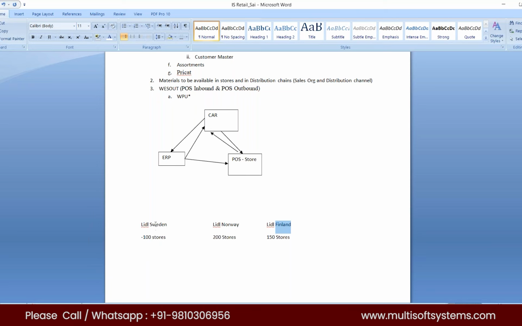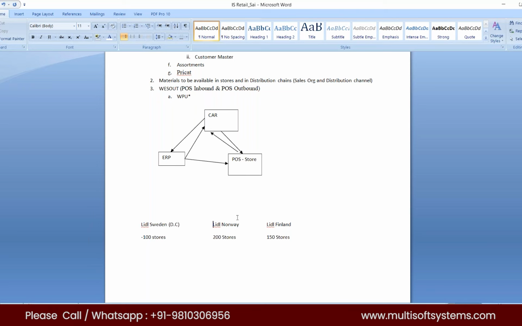That brand is available only in Sweden, whereas it might not be available in Norway and Finland. In those cases, we have to specify which material is available for which distribution chain. That's where the distribution chain and the store assignment come into the picture. So this is where assortment also comes into the picture.